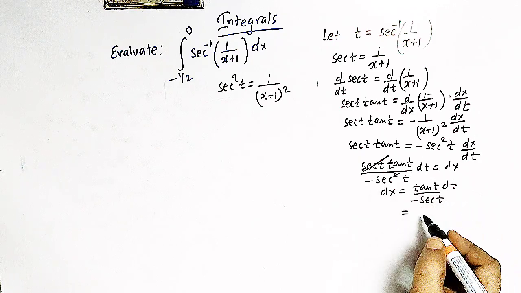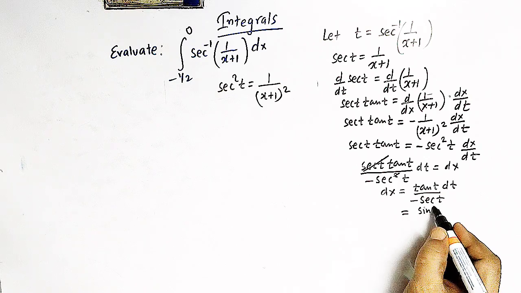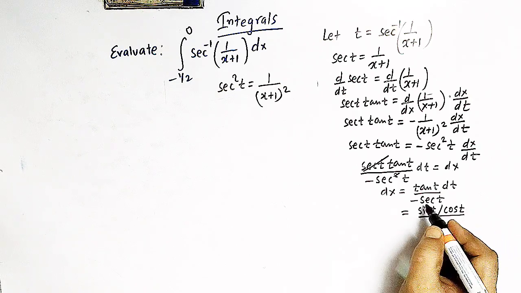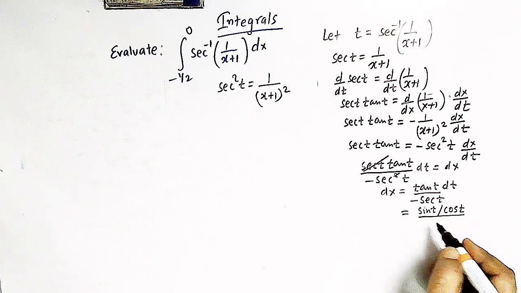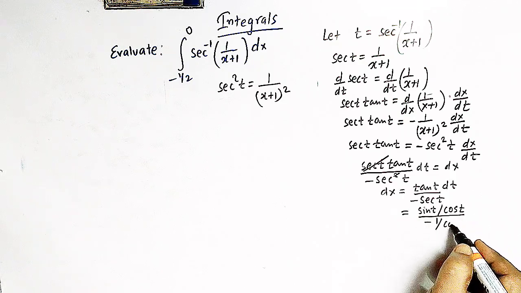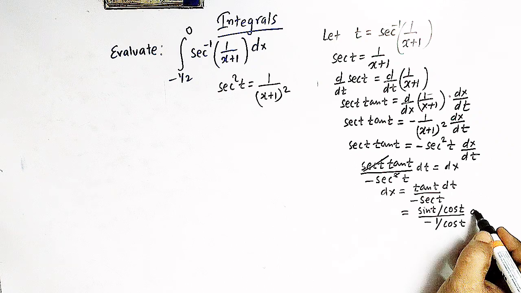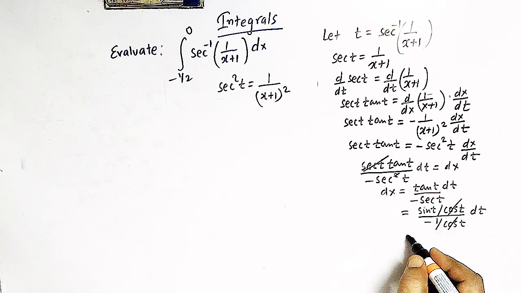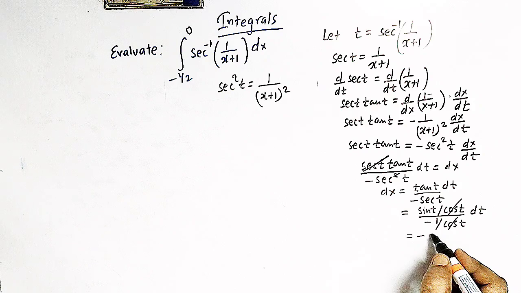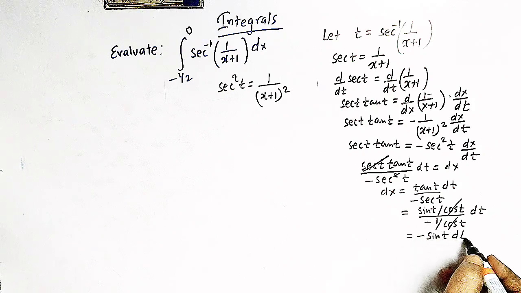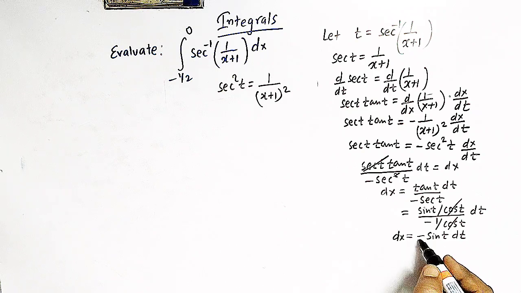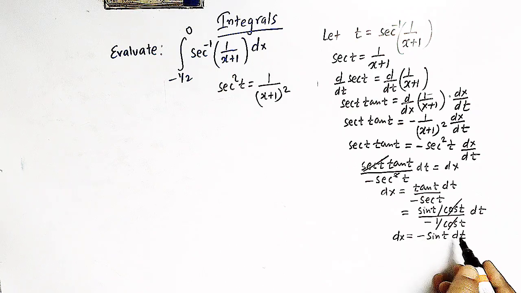Now tan t can be written as sine t over cos t, and for secant t we can write 1 over cosine t, and here we have dt. Now cos t and cos t get cancelled, so we are left with minus sine t dt. So dx can be written as the negative of sine t dt.